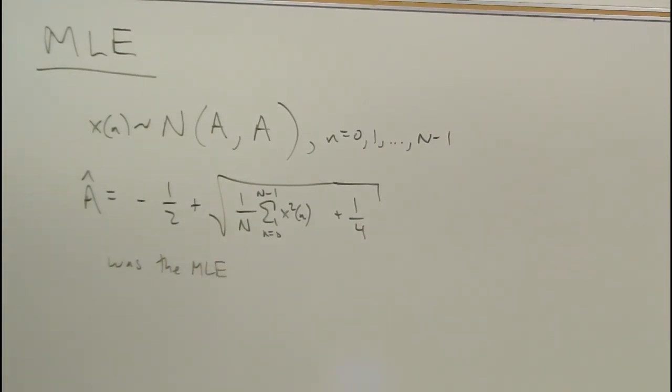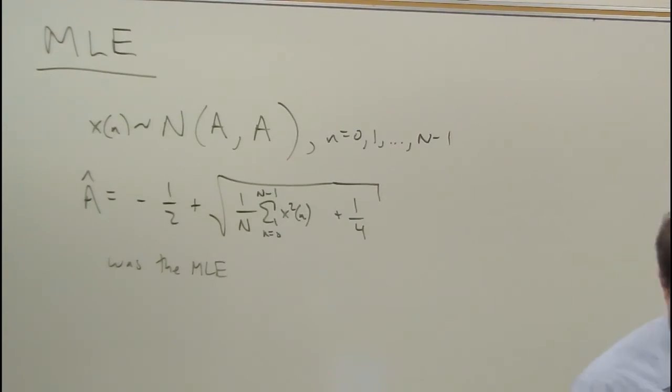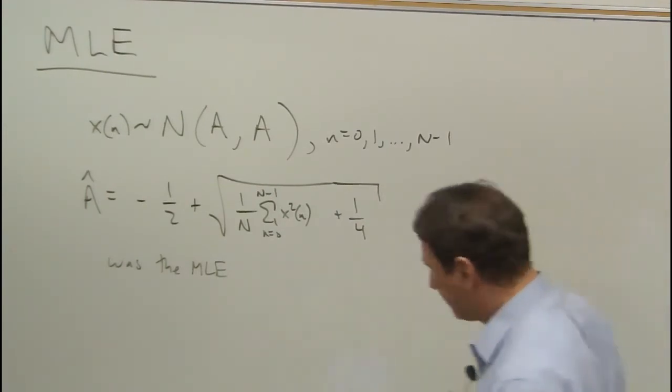And what we showed was that if the number of data points n was very large, this was asymptotically unbiased, and the variance asymptotically approached the Cramer-Rao lower bound. So we end up with something that was asymptotically efficient.